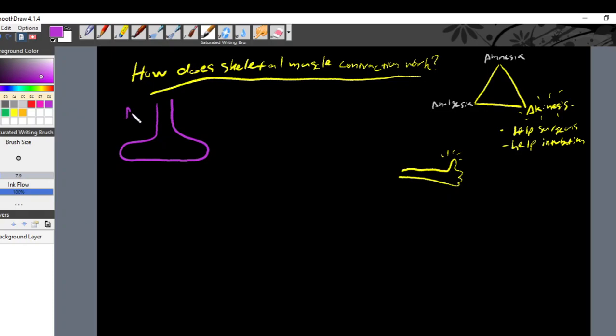So we have an axon here, and then we have a muscle here. I'll draw a muscle.